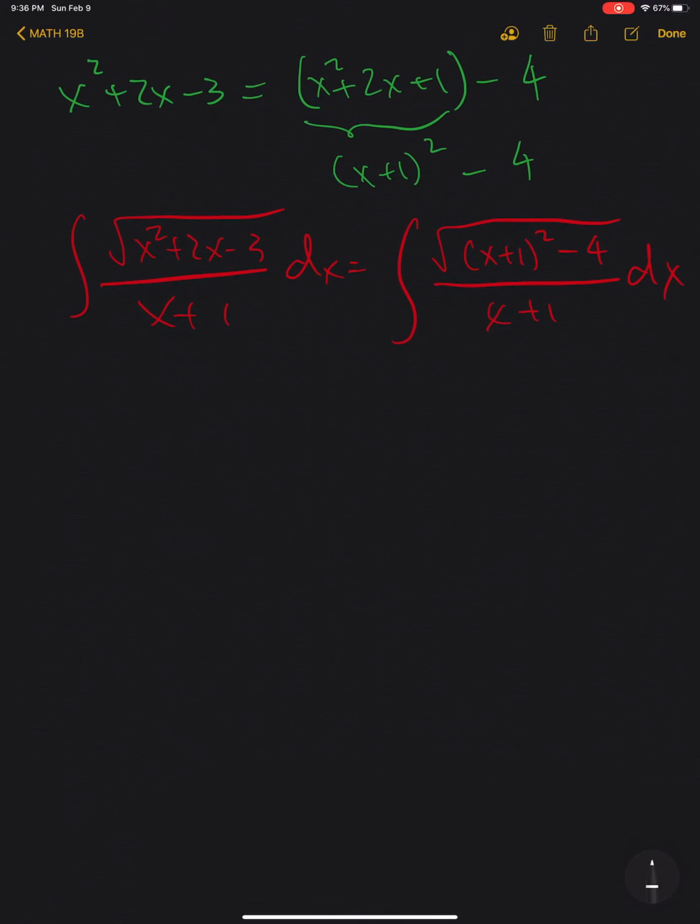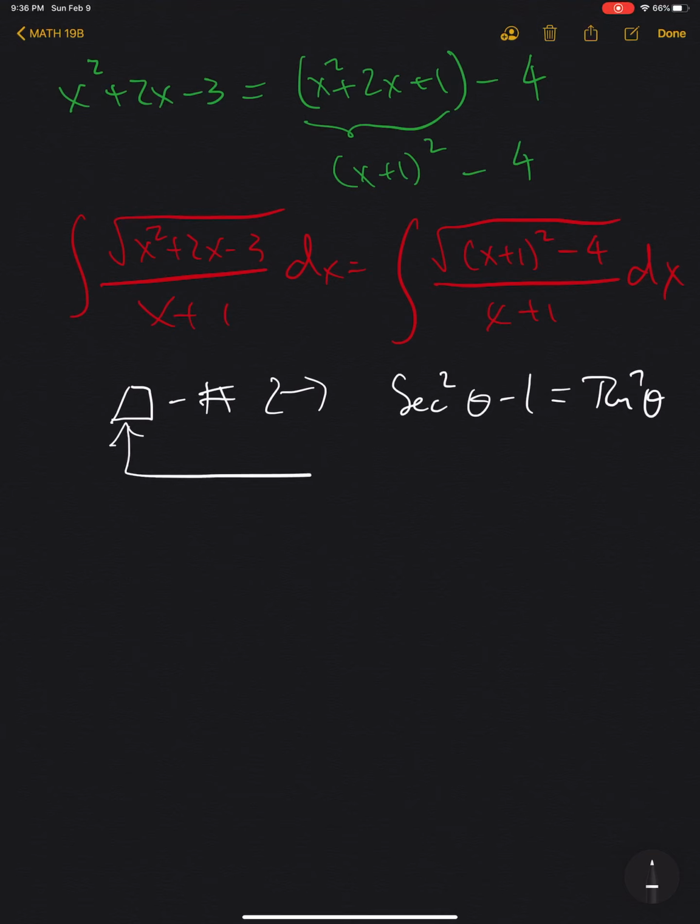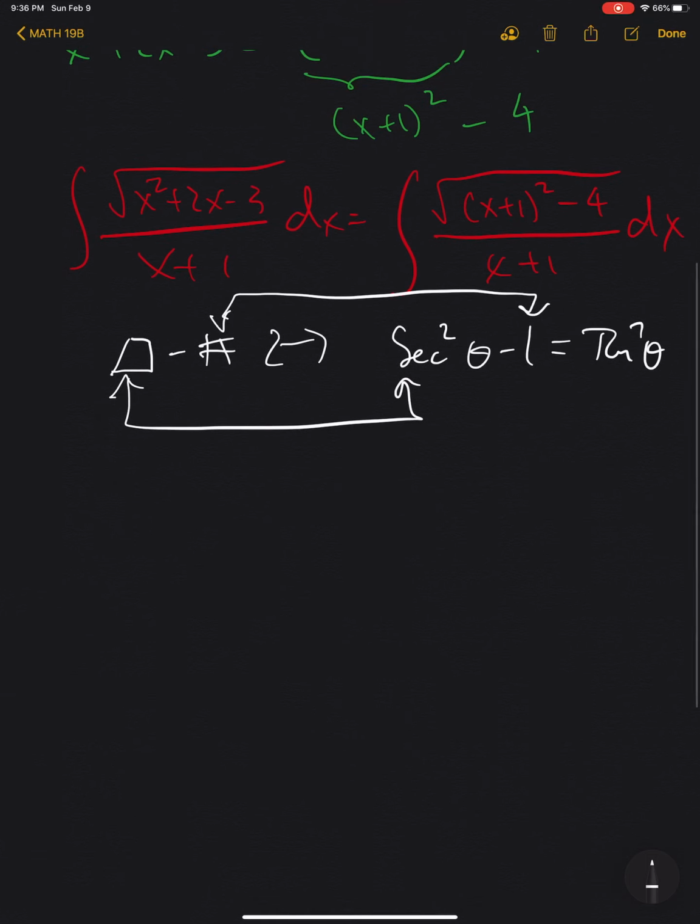In other words, we're looking for a square minus a number, which can be paired with the identity secant squared minus 1 equals tangent squared. So the idea is that we're pairing the square and we're pairing the number in here. Notice that whenever we do this, we're trying to set it equal to x squared minus 4.